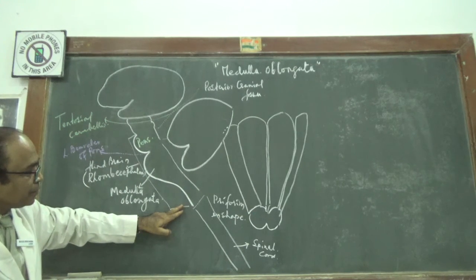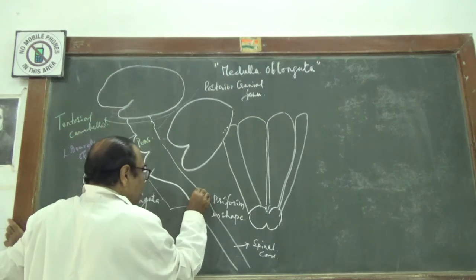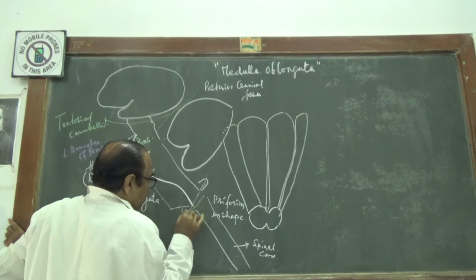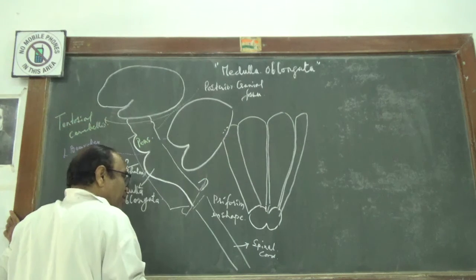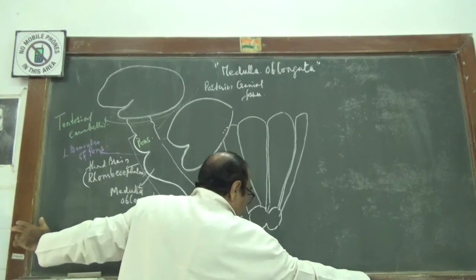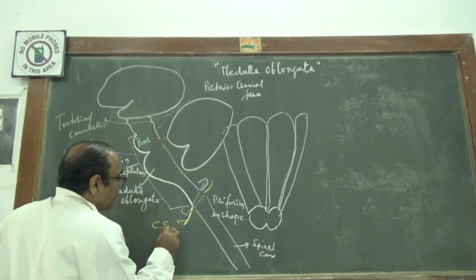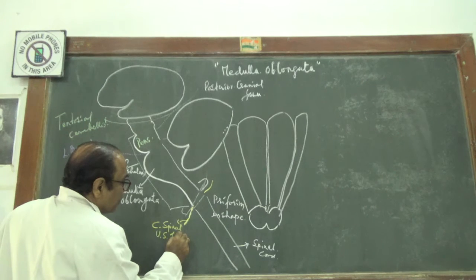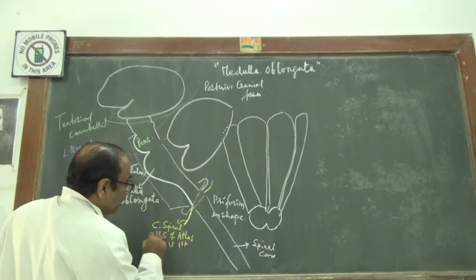The medulla oblongata will end at the basilar part of the occipital bone, where the foramen magnum will be present. That is nothing but the first cervical spinal nerve, which is present at the upper surface of the atlas, or cervical vertebra first.